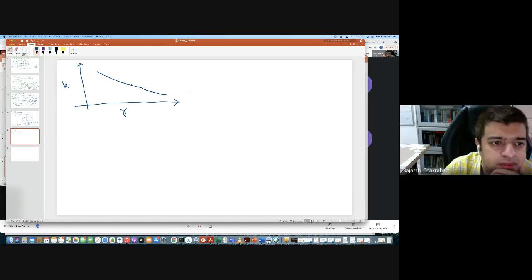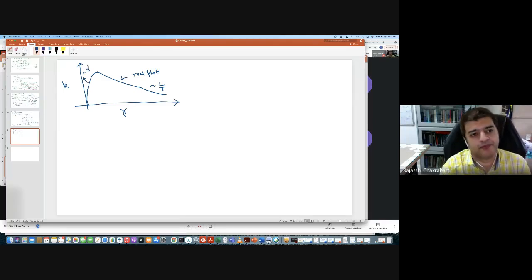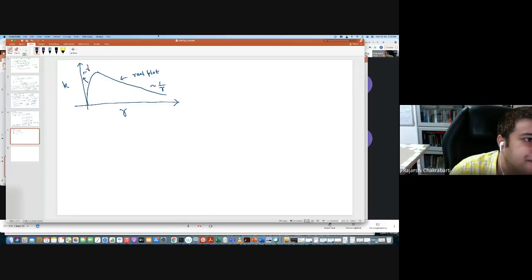This is hand drawn, but in reality you get this, the real plot. Where here it is 1 over gamma, but here it is gamma. And I'm not going to discuss why; it is beyond the scope of this course.